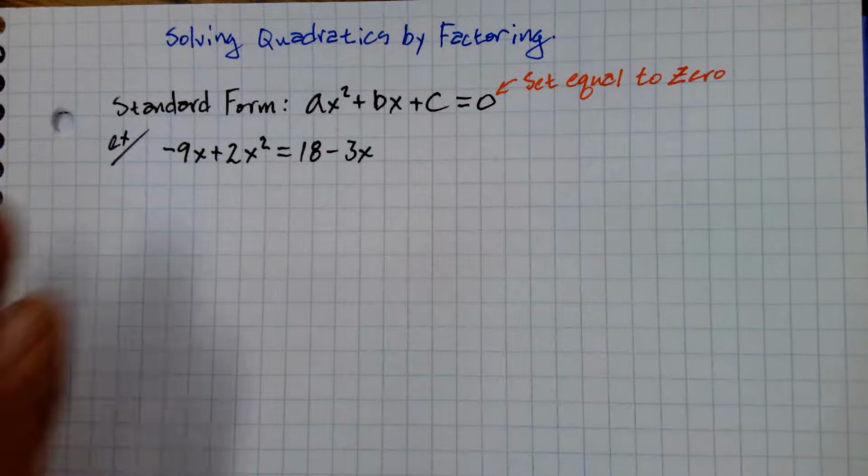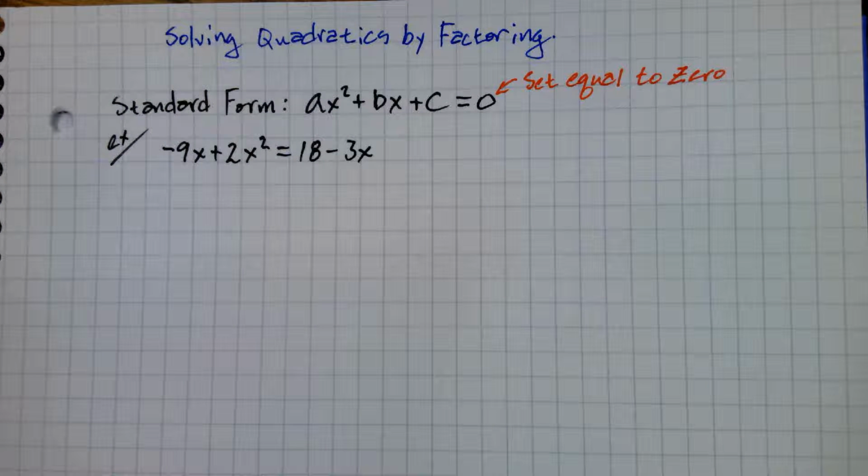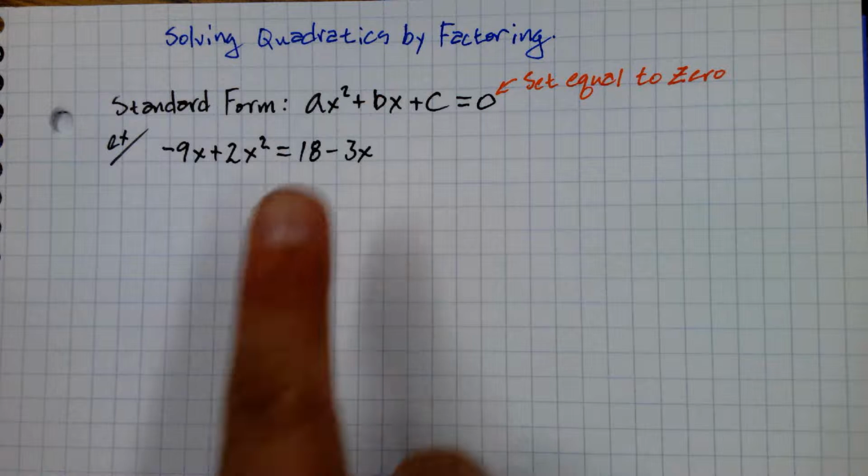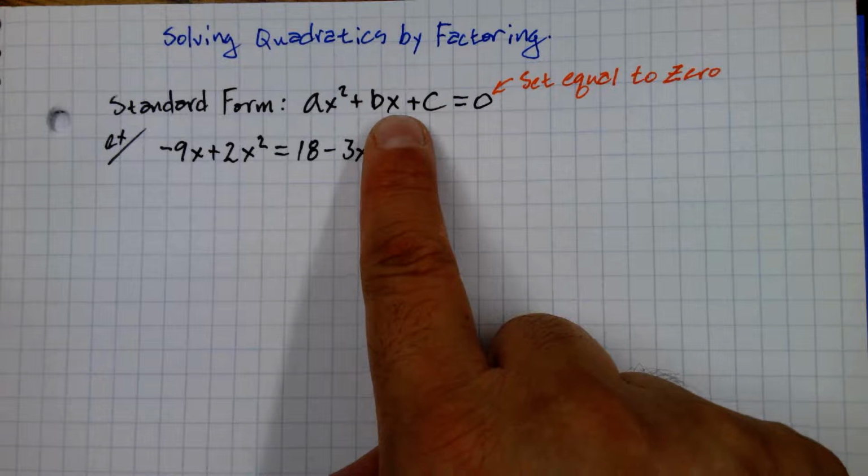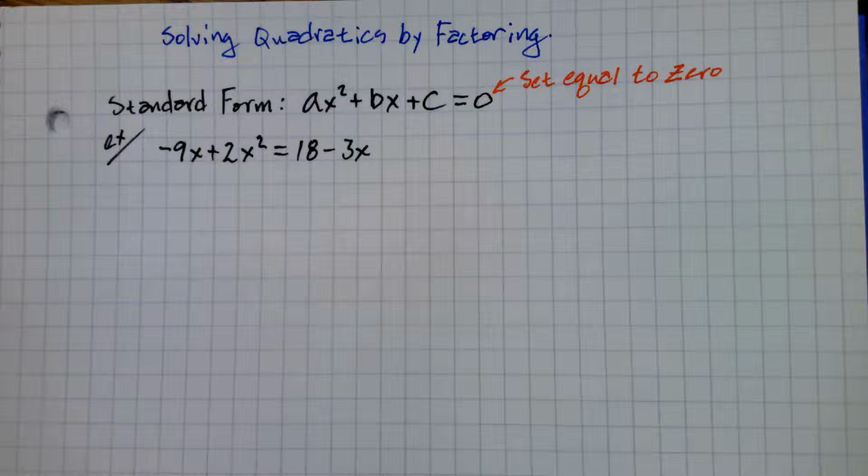And on today's delta, you're going to have questions where they ask you to rewrite this equation in standard form. So all we got to do is push everything from the right to the left, and make sure it's in order from quadratic term, then linear term, and then constant term.